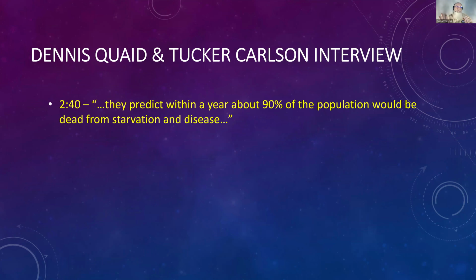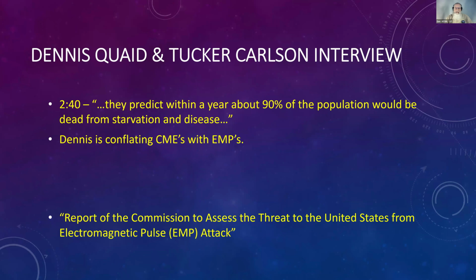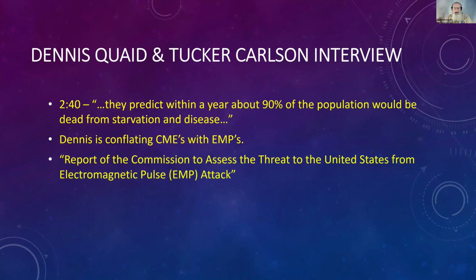At the 2-minute 40-second mark, he says that they predict within about a year 90% of the population would be dead from starvation and disease. And that is simply not the case. He's conflating CMEs with EMPs. Okay? It's an EMP that would cause 90% of the population to not survive, not a CME.